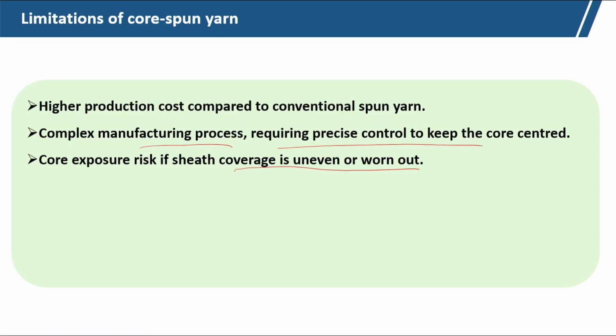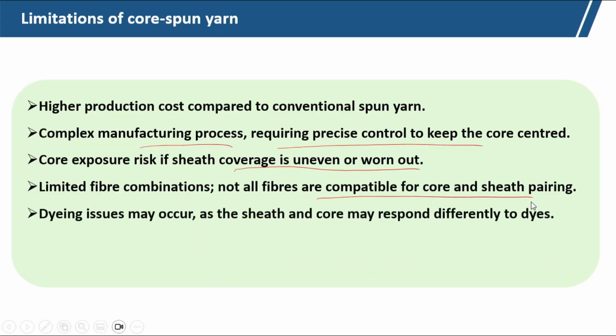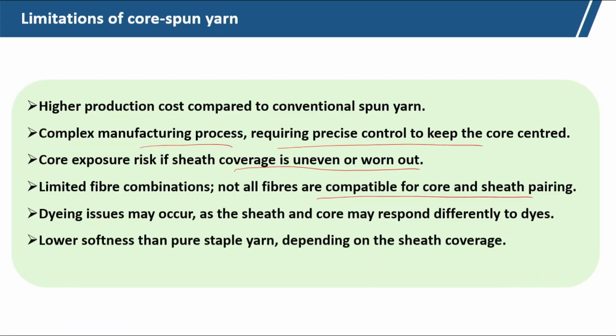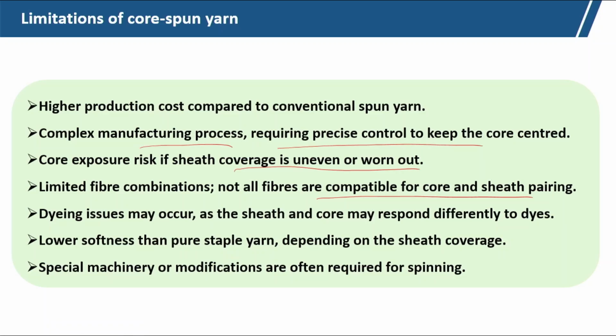If the addition is not proper, sheath slippage may occur. There are limited fiber combinations, as not all fibers are compatible for core or sheath. Dyeing issues may occur as the sheath and core may respond differently in dyeing. There is lower softness than pure yarn depending on the sheath coverage. Special machinery or modification is often required for spinning.